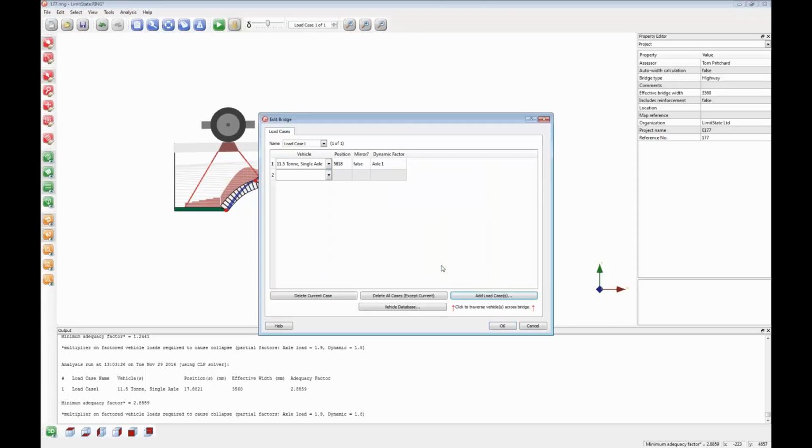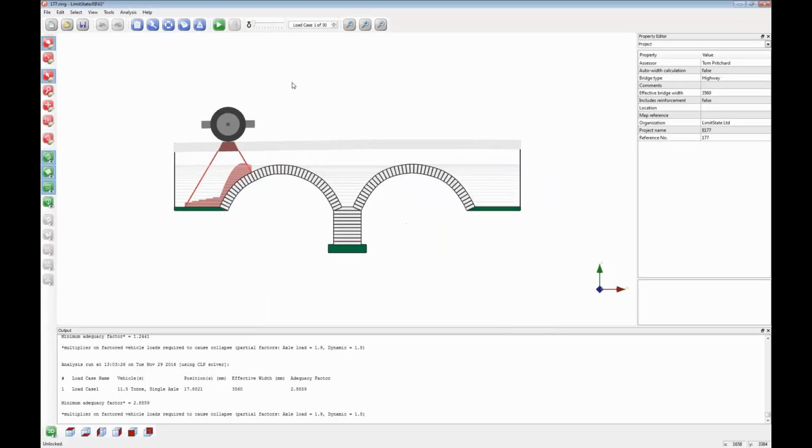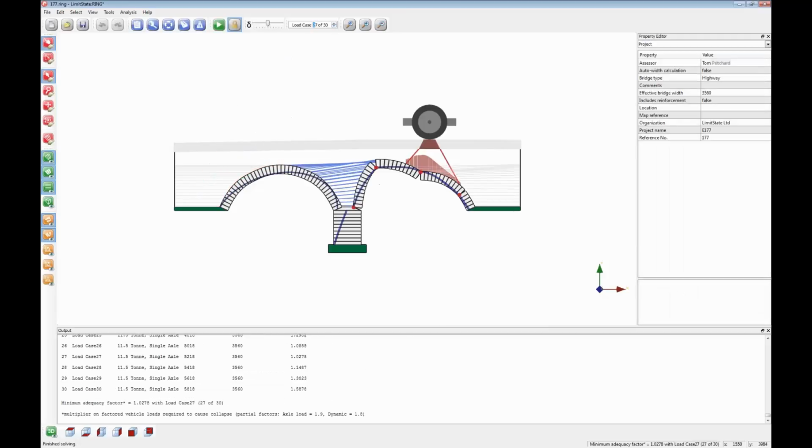So we've got 30 load cases, and if we now look at that, we've actually got a series of load cases set up. But now if I click solve, then basically the program will crank very quickly through those load cases, and it will find the critical one.